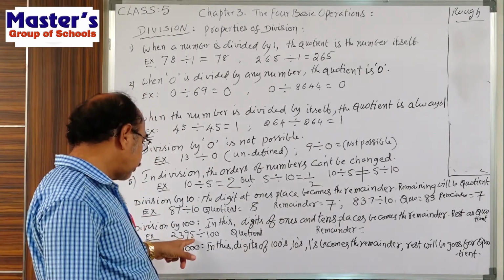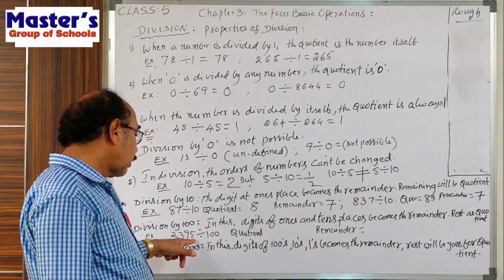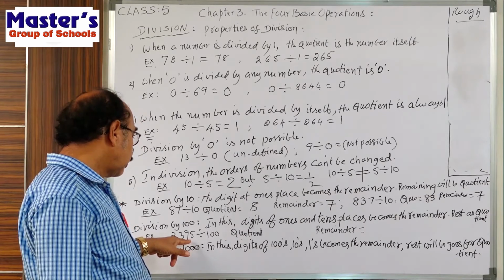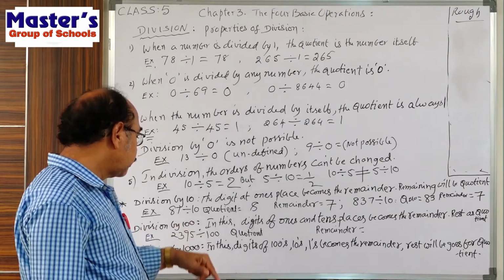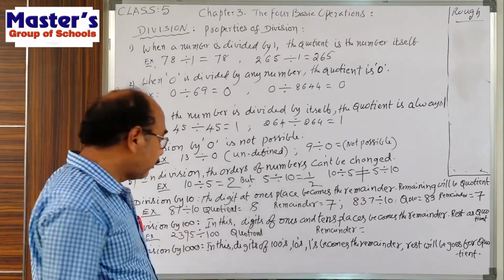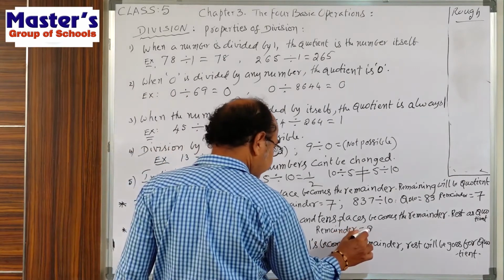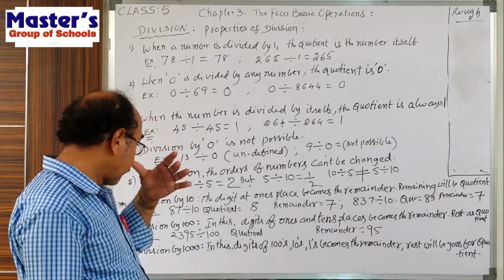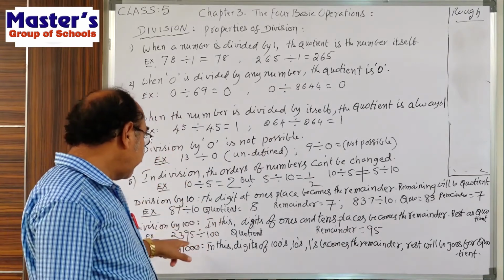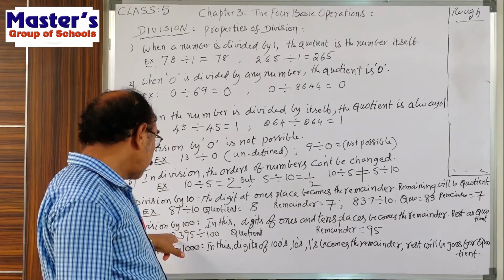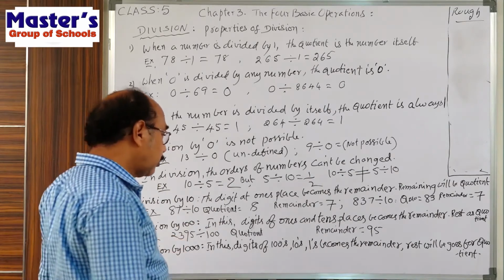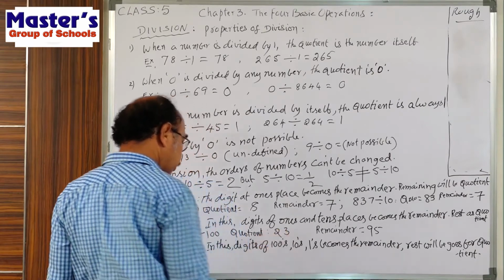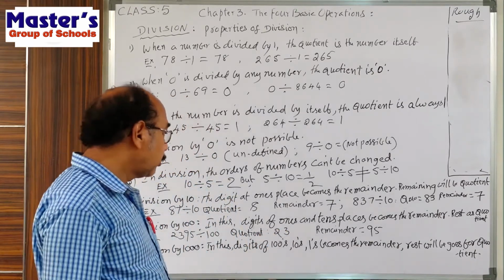What is the ones place digit? 5. What is the tens place digit? 9. So 95 is the remainder. Remaining digits, what are the remaining digits? 2 and 3. So 23 is the quotient.